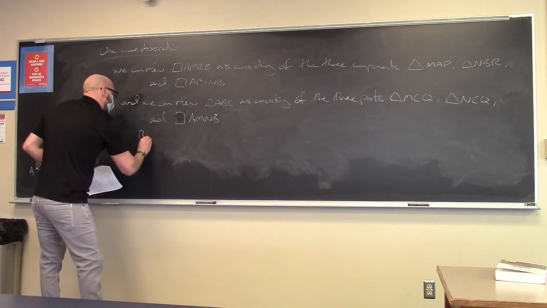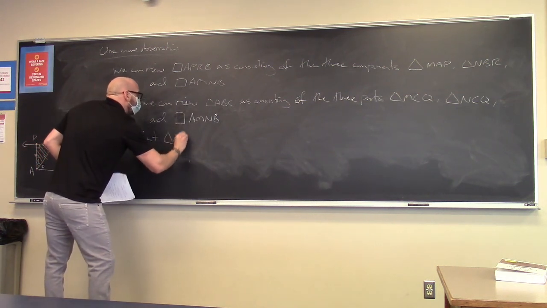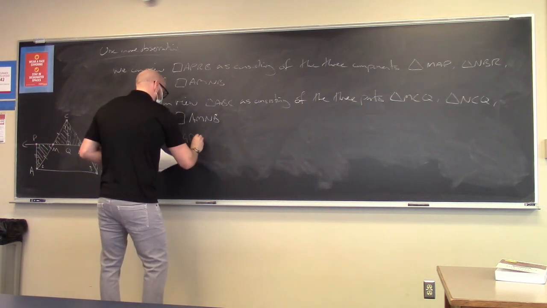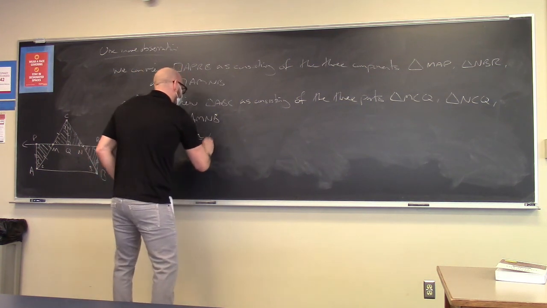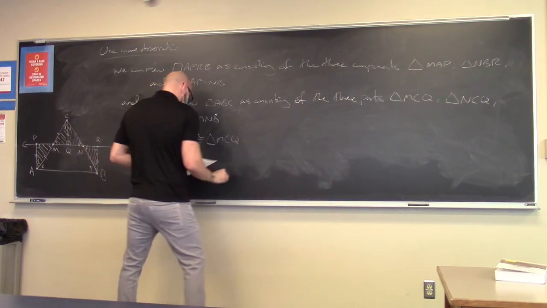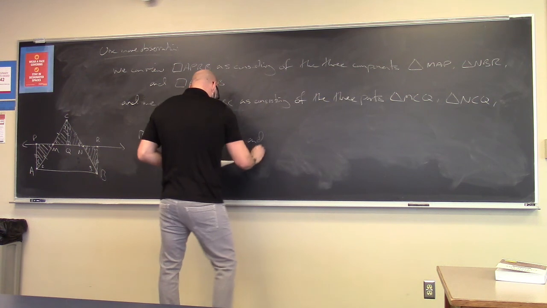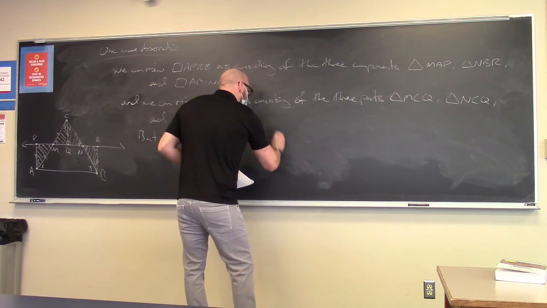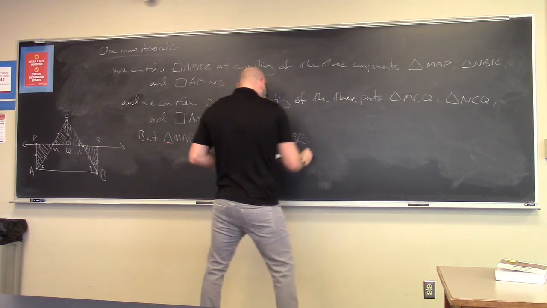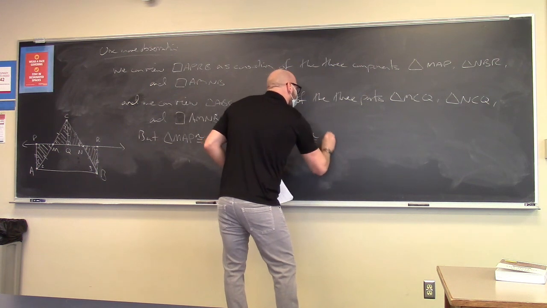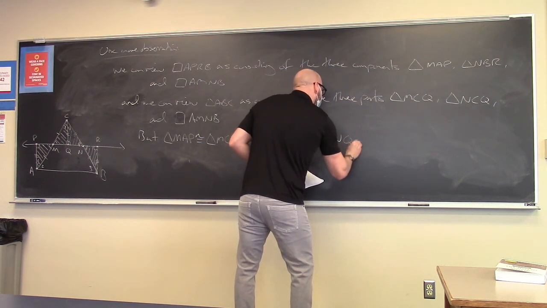So, triangle MAP is congruent to triangle MCQ, and triangle NBR is congruent to triangle NQC.